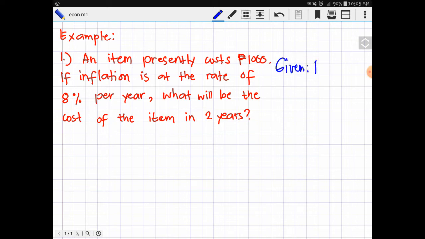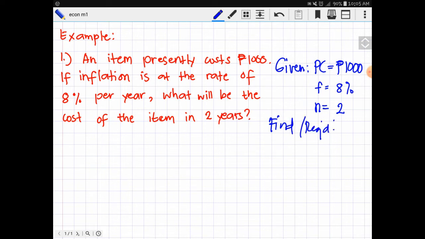Yung present cost daw, that would be equals to 1,000 pesos. If inflation is at the rate of 8%, so F is our 8%. So, what will be the cost of the item in 2 years? So, our n here is 2. So, ano yung hinahanap? Yung find or required natin, siyempre, hinahanap dito yung future cost.